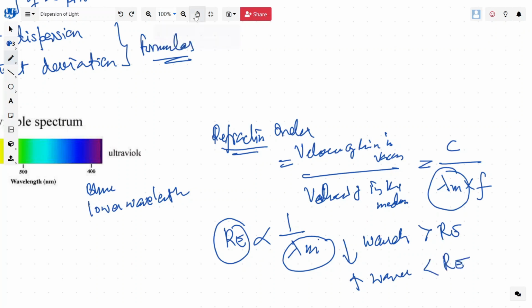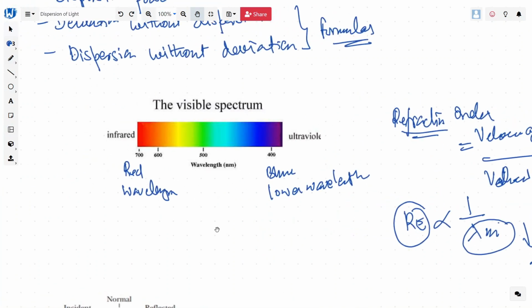So with this formula basically we can write for red light having higher wavelength we expect the refractive index to be lower. So refractive index for red is going to be lower, and when we have a lower wavelength for blue, the refractive index for the blue is going to be higher than the red, right?